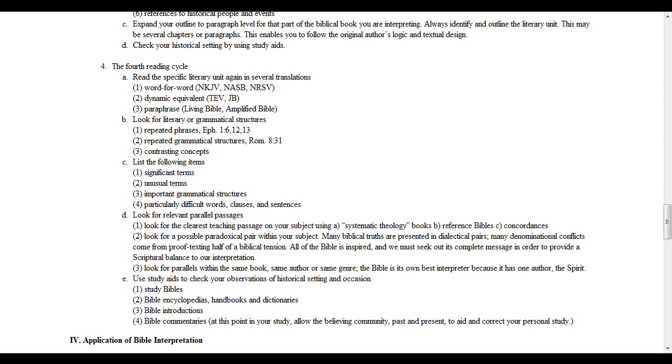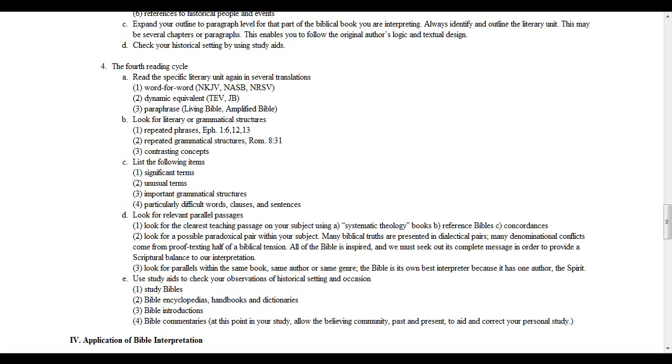And at this point, you're going to want to check your observations with study Bibles, Bible encyclopedias, handbooks, dictionaries, Bible introductions, commentaries. You want to bring in the information from God's people and what they found. The Bible is the final book of arbitration, so keep that in mind.